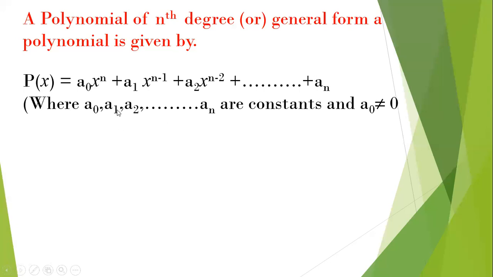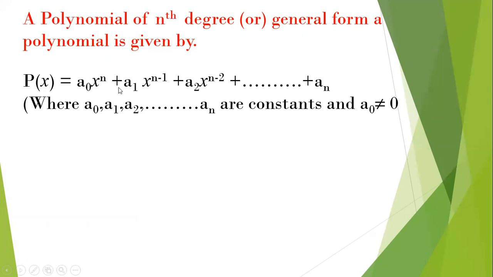Just before, we wrote a quadratic polynomial, x square plus 3x plus 2. So that means the degree of the polynomial is 2. If the degree of the polynomial is 2, you just apply n equal to 2. You get the quadratic polynomial. That means a0 x square, if n equal to 2, x square.